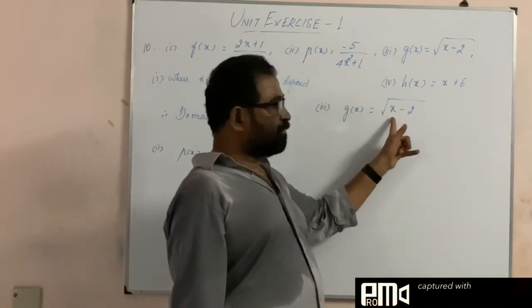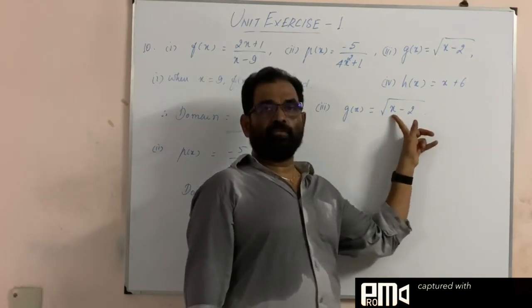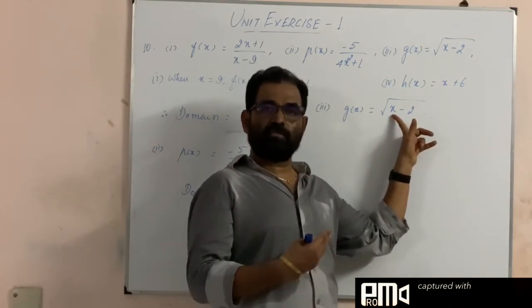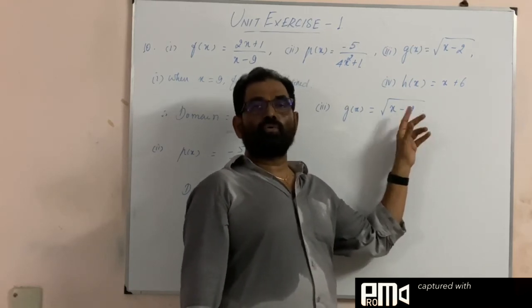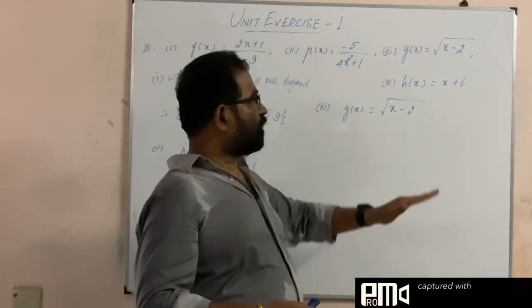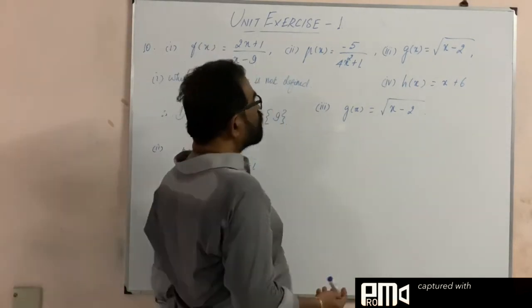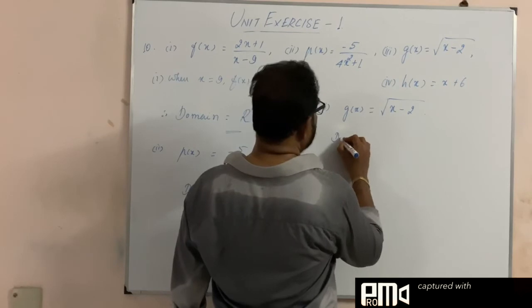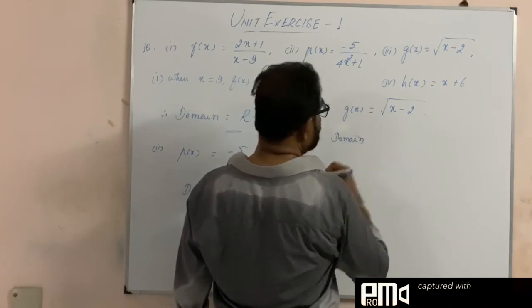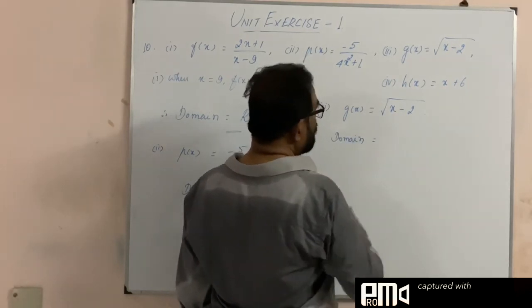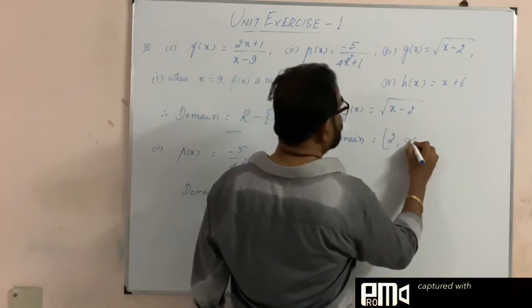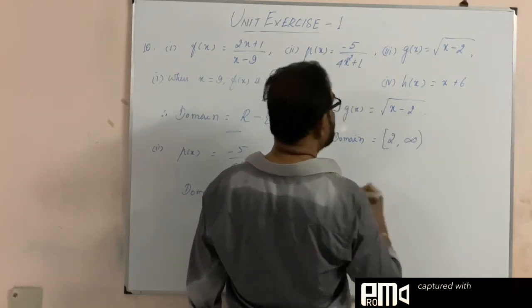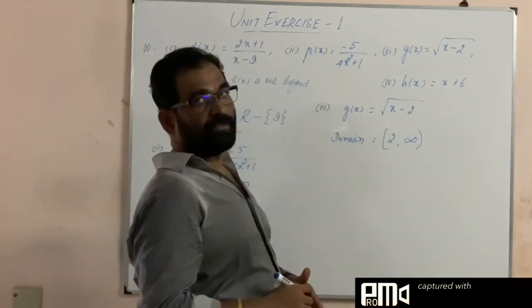So you can give from 2. Can you give 3? Yes, 3 − 2 is 1, and the square root of 1 you can find. Can you give 4? 4 − 2 is 2, and the square root of 2 is there. So 2 and more than 2 you can give, and the square root exists. Therefore the domain is from 2 to infinity.